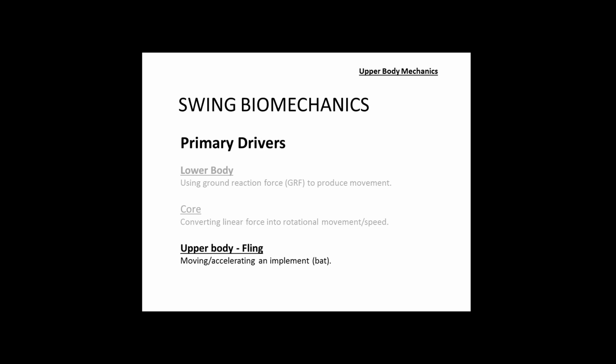The primary drivers, you can think of this whole process to some degree as a car, in that the lower body is our horsepower, the core becomes our differential, and the upper body really becomes the outcome. And so the outcome is not doing the work, but the outcome is benefiting from the work.